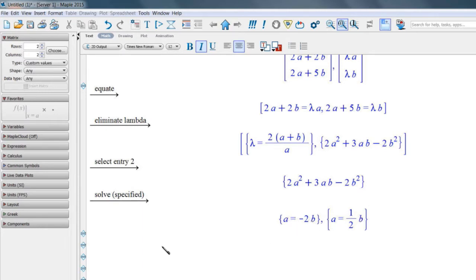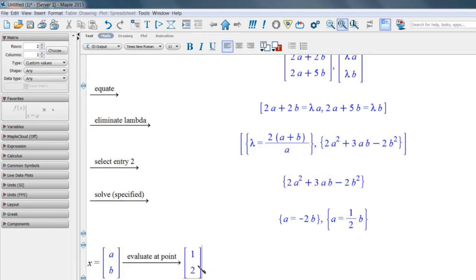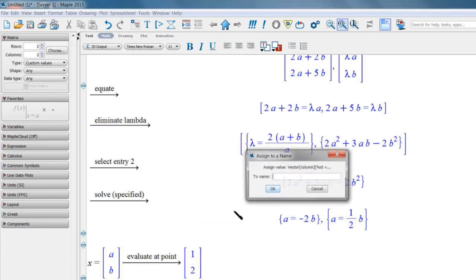Well, what about this one? What vector does that give us? So here is x. Let's evaluate that so as to satisfy this condition. If I make b equals 2, now I'll be dealing with integers, but then a would have to be 1. So let's call this vector y.